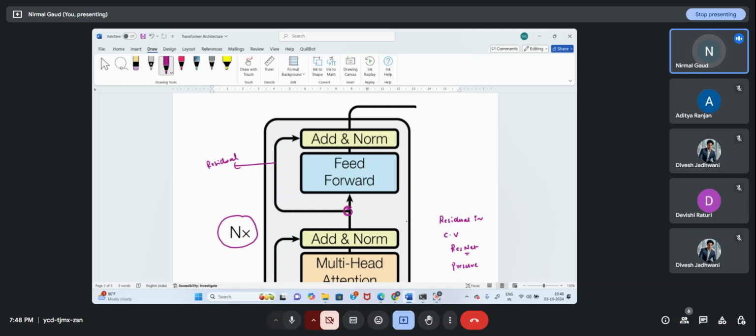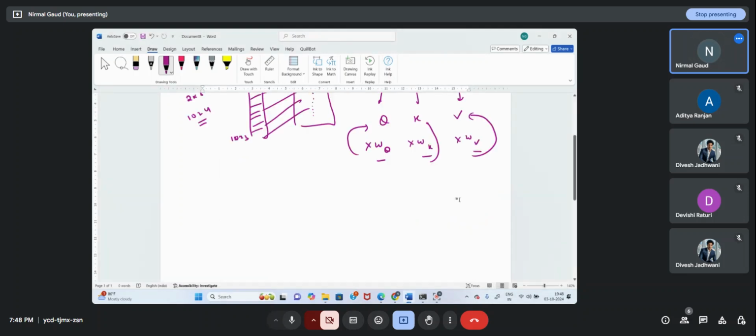Here in feed forward, that is step number 3. Feed forward operates independently on each token. Okay, it operates independently on each token, and it's the same for all the tokens.